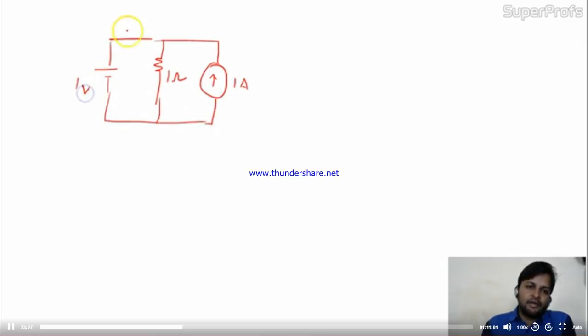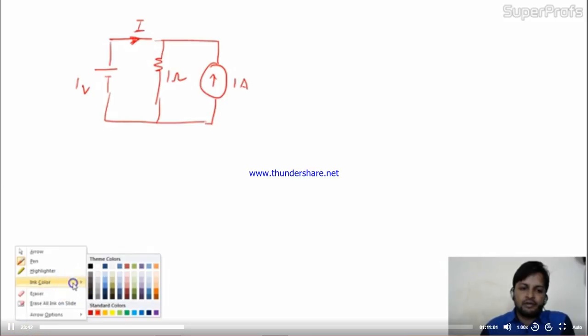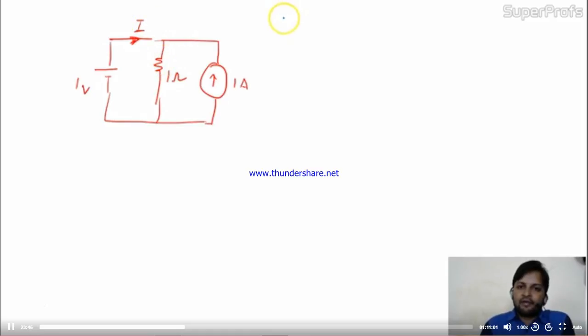This is a 1 volt battery, and this was given I, and the question was to find out the current I. Find out I. So this same question I can do by SPT also.